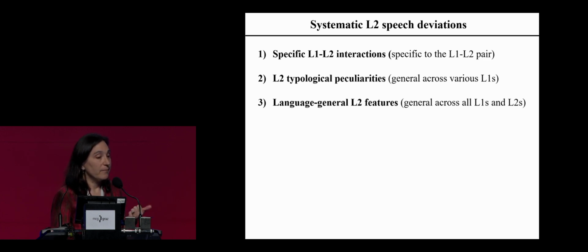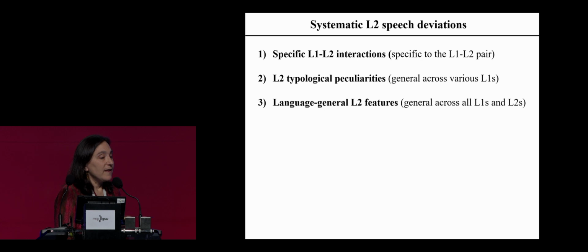So we have the specific L1, L2 interactions that are specific to a particular L1, L2 pair. We have the typological peculiarities of the L2, which result in systematicities that are general across various L1s. And then we have language general L2 features that are general across any L1 and L2 involved in any interaction.